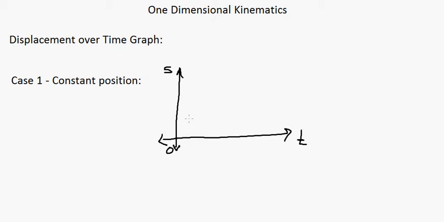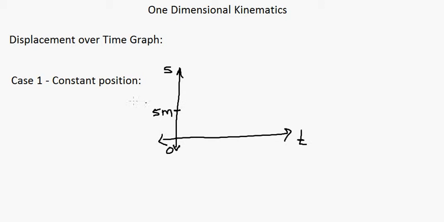Okay, so what do we mean by constant position? Let's say I'm initially at a position that is 5 meters from the origin, right? And after, let's say, 1 minute, my position is still the same, 5 meters. After 1 month, my position is the same. After 1 year, my position is the same. So if my position is gonna be the same forever, I'm not getting displaced.